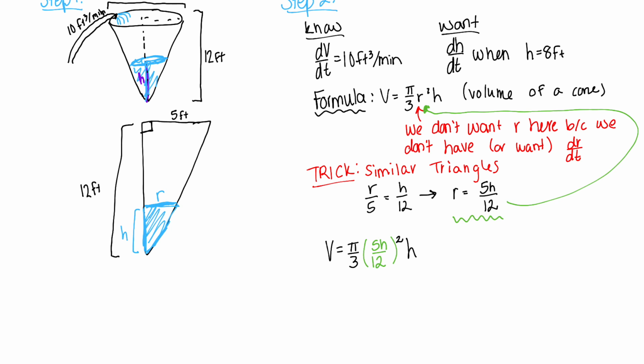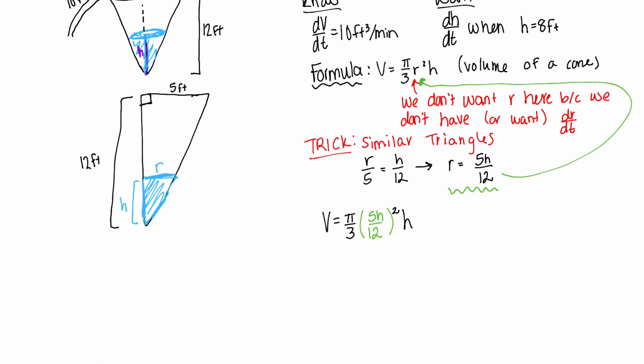So we can't even take a derivative yet because we have r's in our volume, and we can't take the derivative of r because we'd have dr/dt, and we don't have anything to plug in for dr/dt. So if you simplify this a bit, you're going to get an h squared and an h, so you're going to get an h cubed.